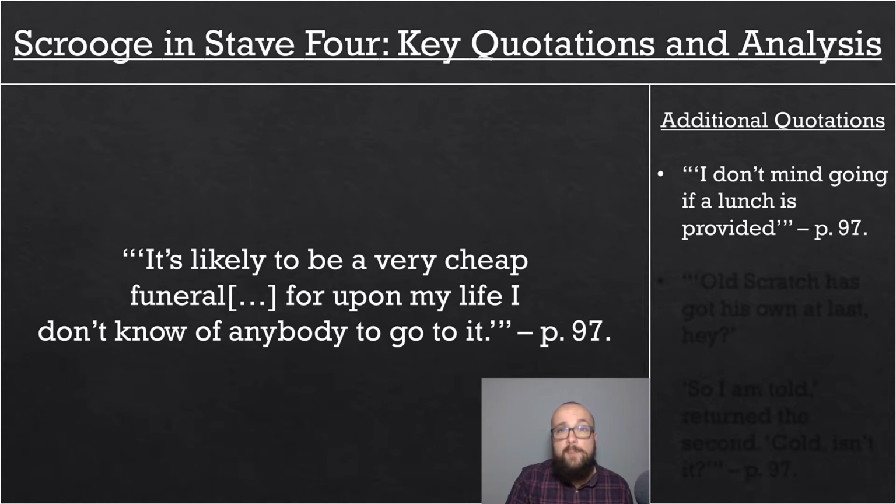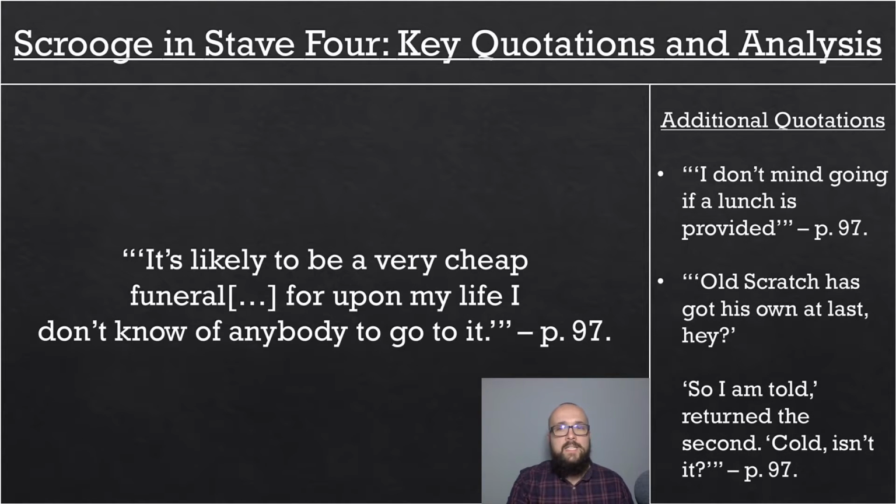I think Scrooge being unloved is perhaps most interestingly shown later on. First of all, in this exchange, Scrooge is called Old Scratch, which was a colloquial way, in the Victorian times at least, of referring to the devil, and so already we can see that Scrooge is being disrespected in death. Additionally, I find the second person's reaction to the news of Scrooge's death to be fascinating.